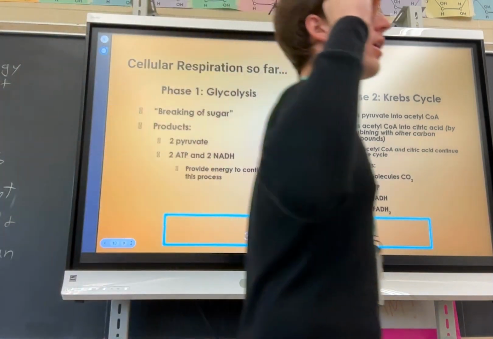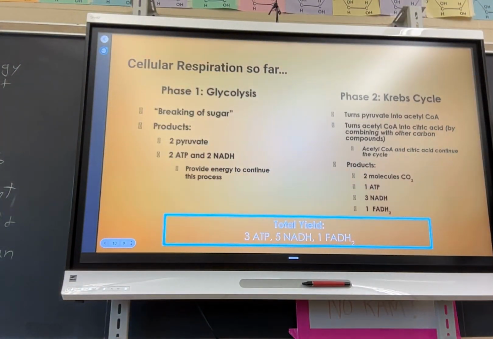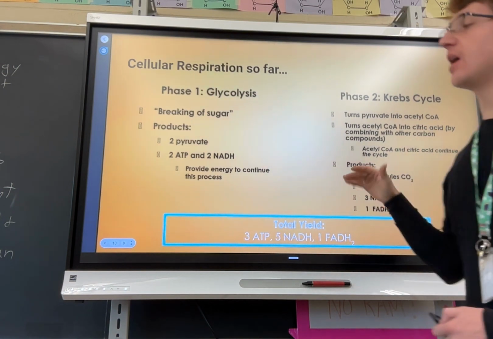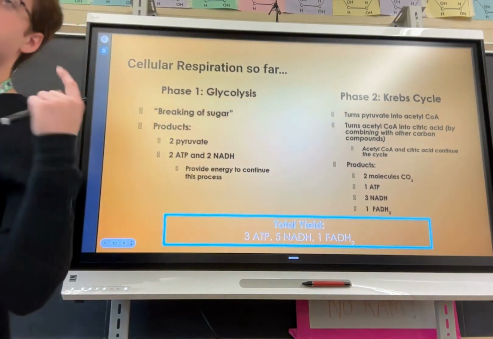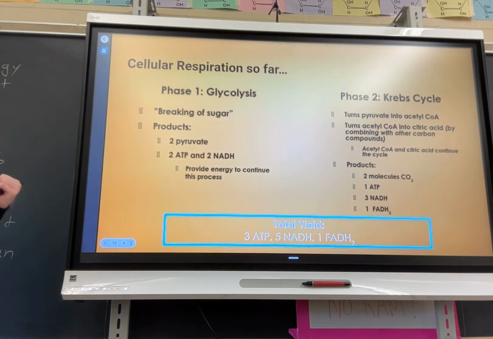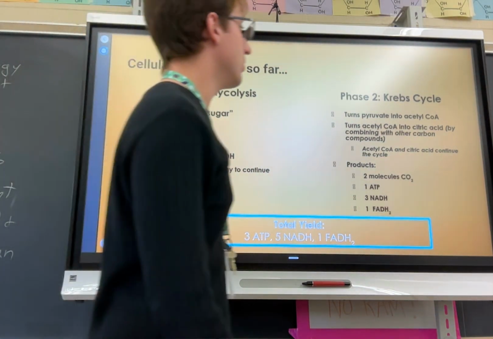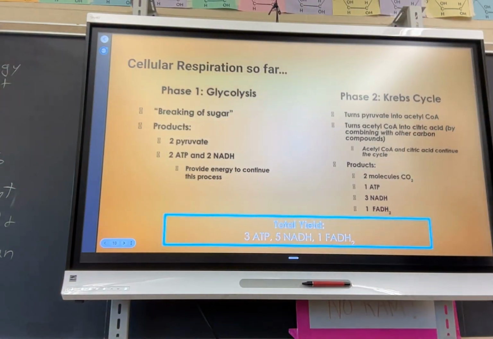So our glycolysis created some pyruvate, a little bit of NADH, and a bit of ATP. Not a lot, but about 2 molecules of ATP. Our Krebs cycle was going to turn that pyruvate into acetyl-CoA, break it down into citric acid, and combine it to kind of drain all of the energy out of it.